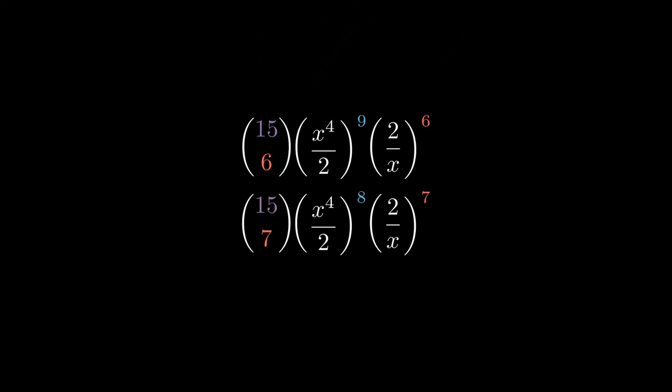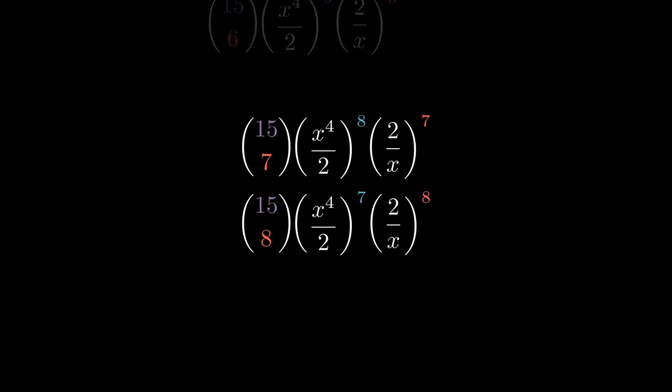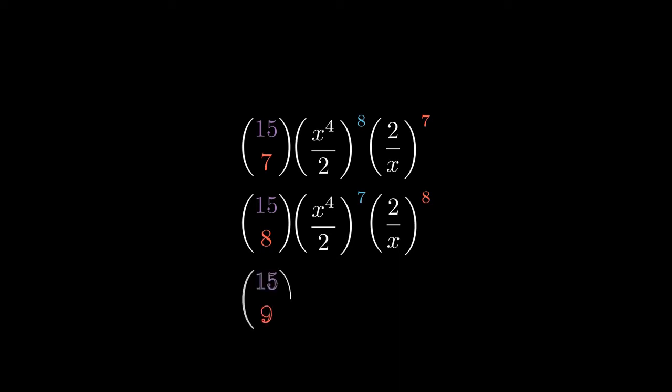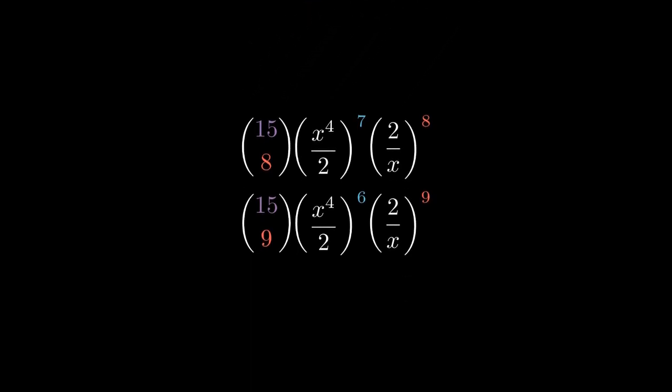The numerator power is going down, the denominator is going up. When are they going to be the same, given that the blue plus the red equals 15? Hopefully you've got an idea here. If you program it, it's no extra work. It's a nice thing about programming.